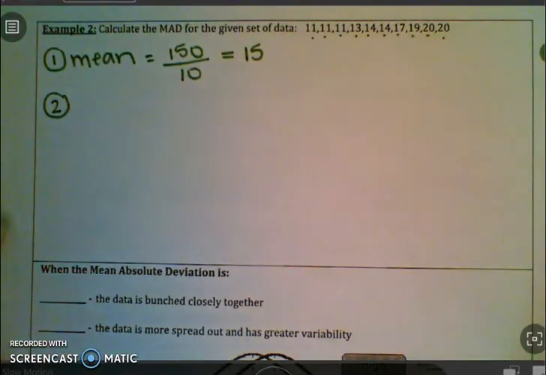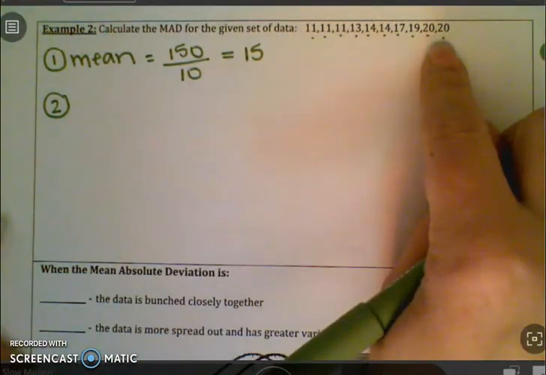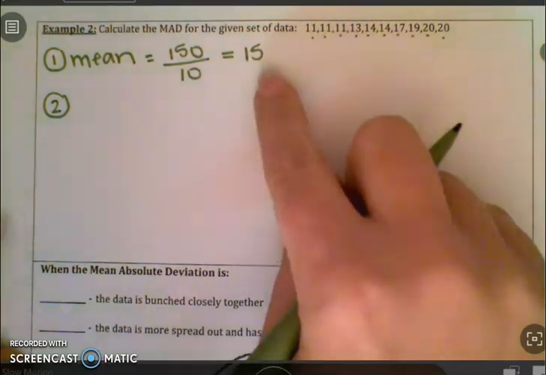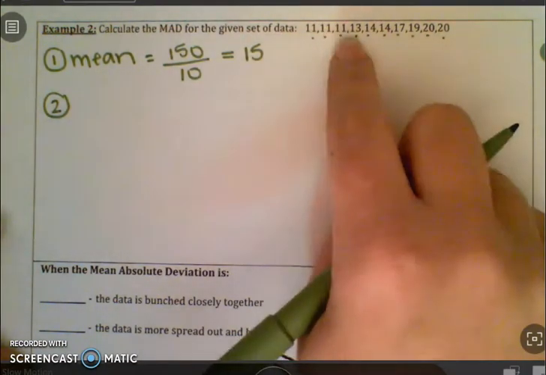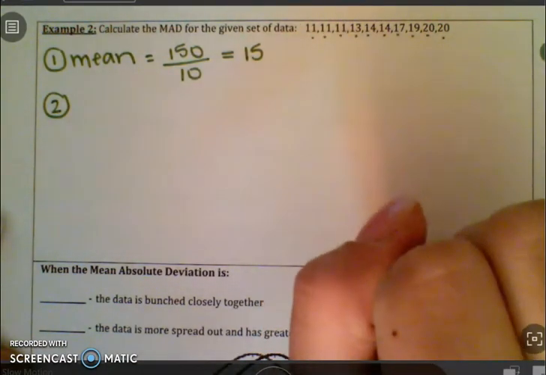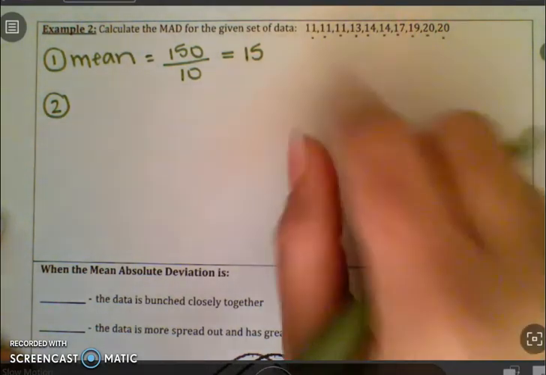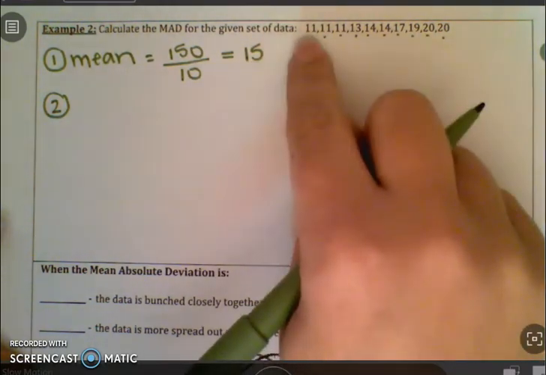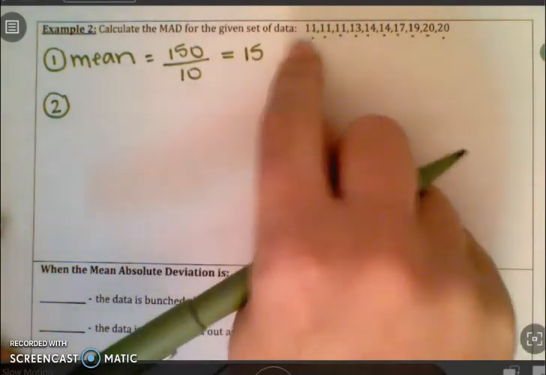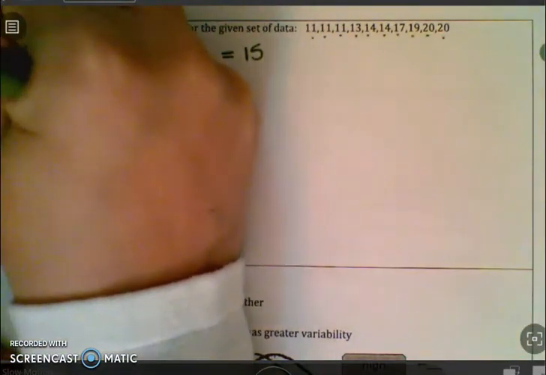is to find the difference between each of these. It really doesn't matter which way you subtract. You just have to make sure that all the numbers are positive. So the difference between 15 and 11 is going to be 4. So there's 4 4s.